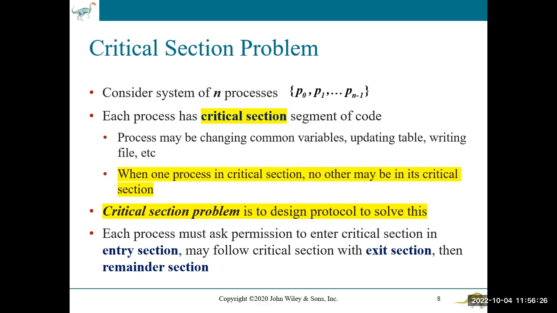There are cases commonly where more than one process is interacting with the one segment of code, and that leads to corruption because they're both making changes to the variables and data that are being written to and read from.